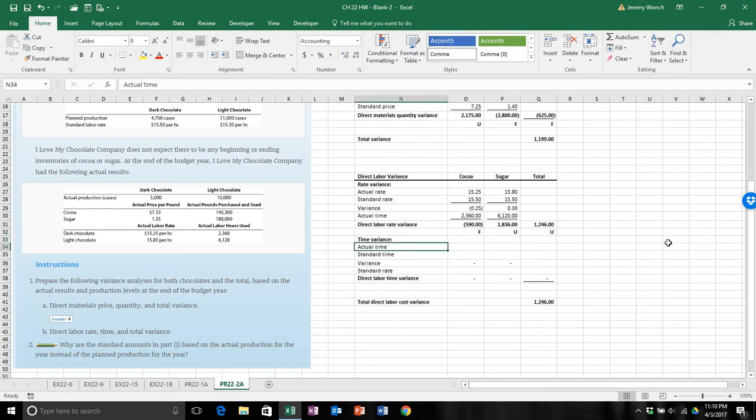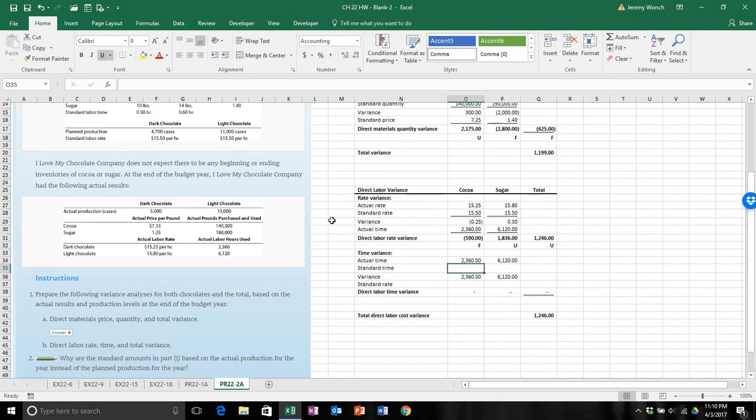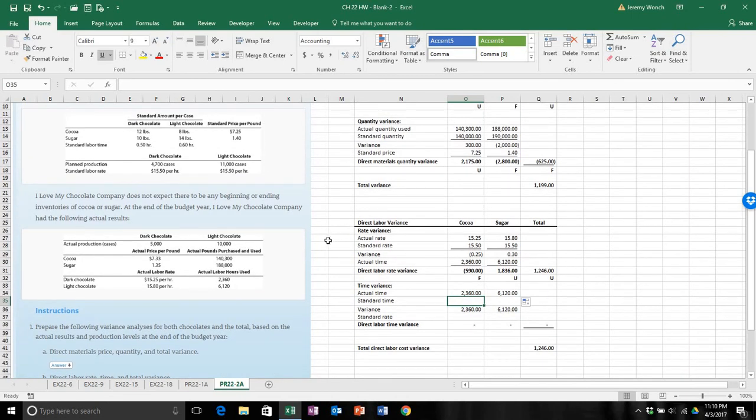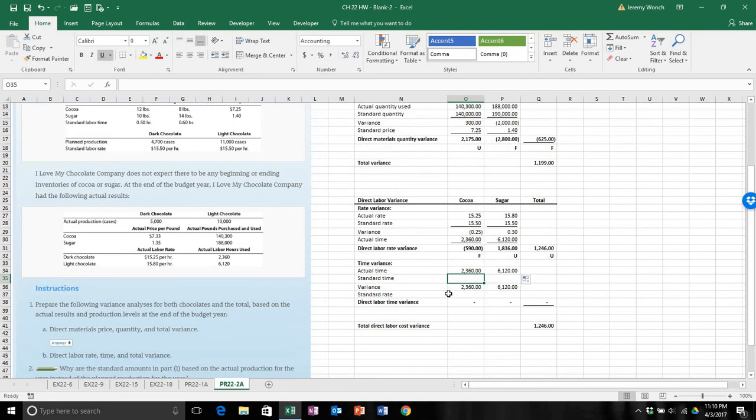So now for the time variance, start by plugging in the actual time used. So we entered that above. And then we need to enter in the standard time that we planned.